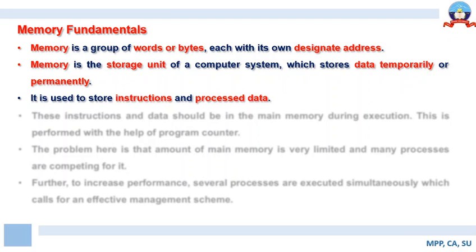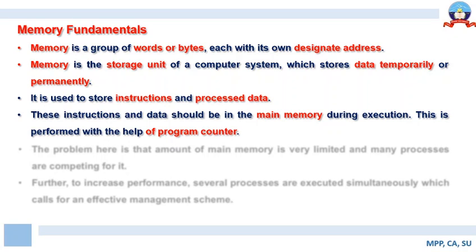So the data that is permanently or temporarily stored in the computer's memory pertains to two different categories of information. One is the instruction set and the other is the data set that the instruction utilizes to perform operations. It is the mandate of the computer architecture that the instruction and the data should be brought into the main memory during the course of execution.